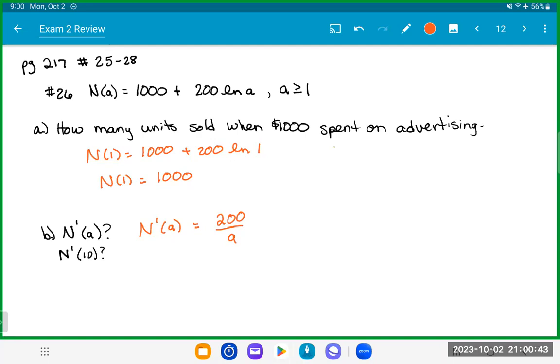And ln of A, it's like saying ln of X, which is 1 over X. So in this case, it would just be 1 over A. So now when I evaluate that for 10 units, then I get 200 divided by 10. And so that is a value of 20. Okay, questions?